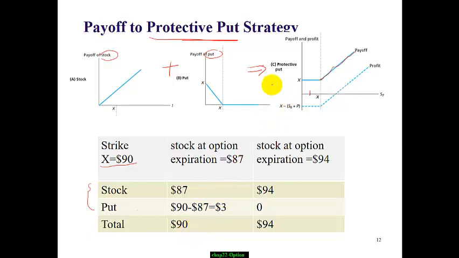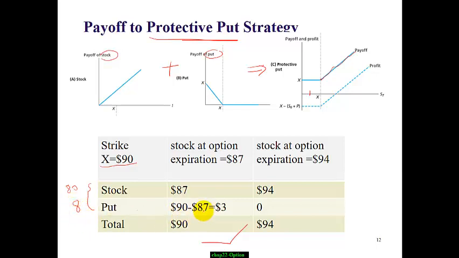If the stock price finishes above 90, say 94, then the stock is worth $94. The put option is out of the money because the stock price is too high. Put them together, the total payoff equals the stock price, 94, right? So you will have something like this kind of payoff. So what if the cost of the stock and the cost of the put option, for example, are $80 and $8?